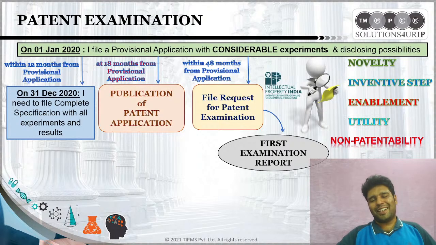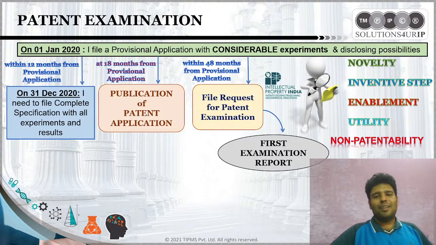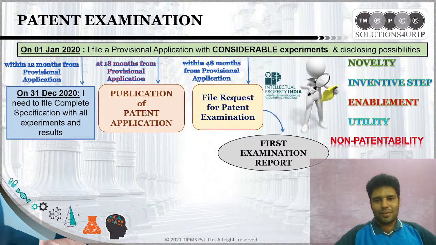Yes, correct. 2(1)(j) and 2(1)(l), both are correct. Both together, because 2(1)(j) says new product or process, and from 2(1)(j) only 2(1)(l) comes. And from 2(1)(l), section 29 comes. We'll see what is section 29 later. Okay?